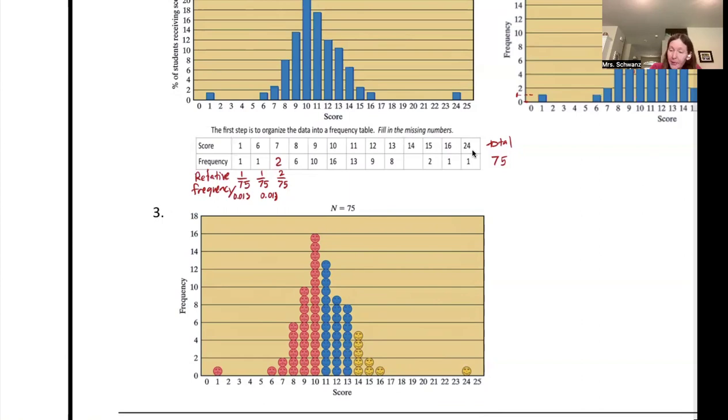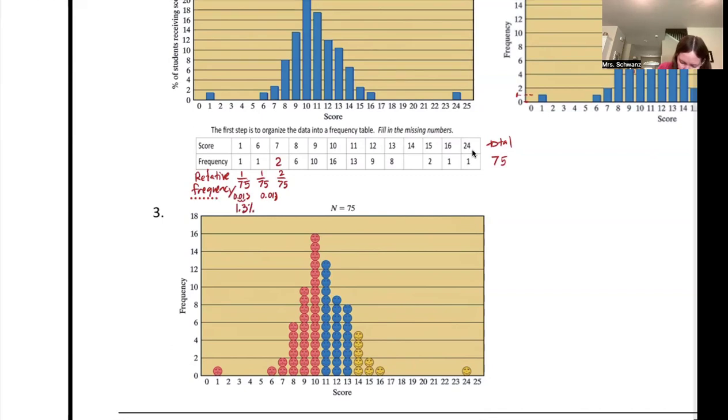There was 1 person out of 75 people who took the test who scored 1. So if we divide 1 divided by 75, we get 0.013, which we could leave as a decimal, or we could write as a percent by moving the decimal twice to the right. That would leave me with 1.3%.